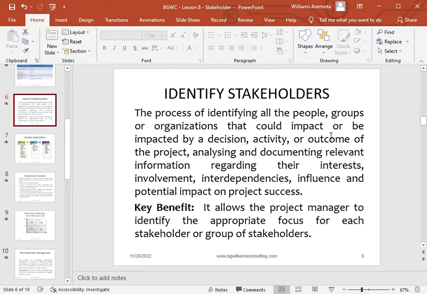But take note, stakeholder identification starts at the early stage of the project, which is the initiation stage. But is that the only stage you should identify stakeholders? No. Please take note, stakeholder identification in the project is continuous.